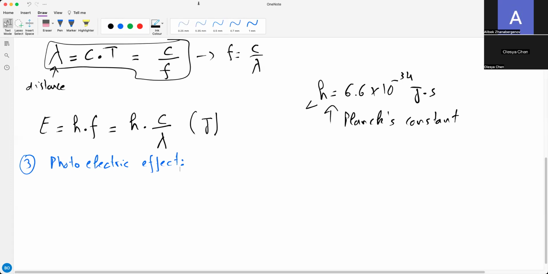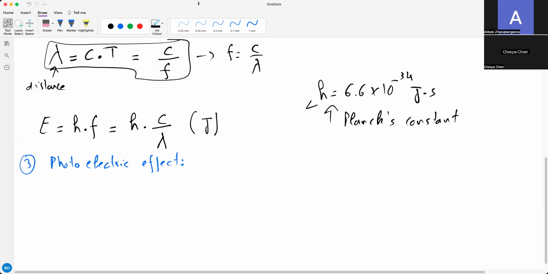It's when the light is creating electrons from the material. Yes, light is extracting an electron from a metal. Exactly.